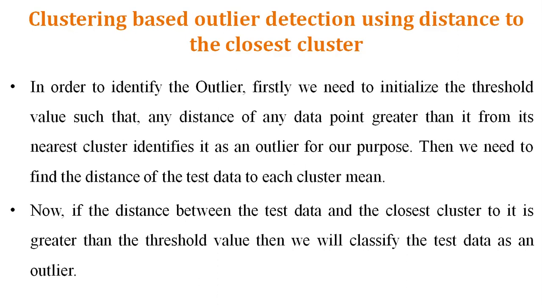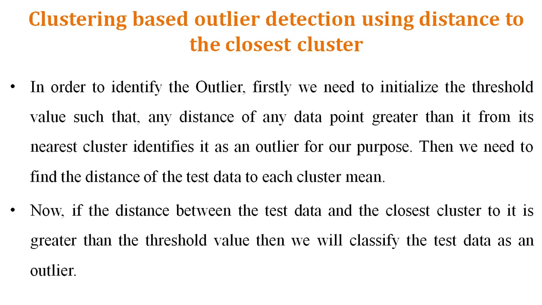After calculation of distance, whichever data point or object has a much larger distance compared with its neighbors can be treated as an outlier. So by using clustering, you can identify outliers by using distance functions.